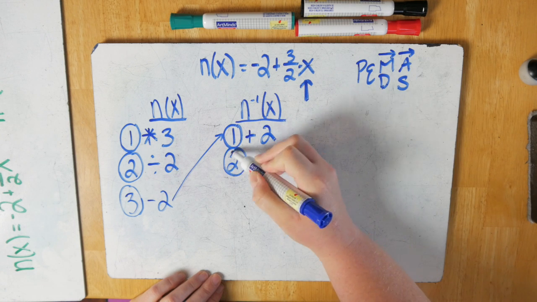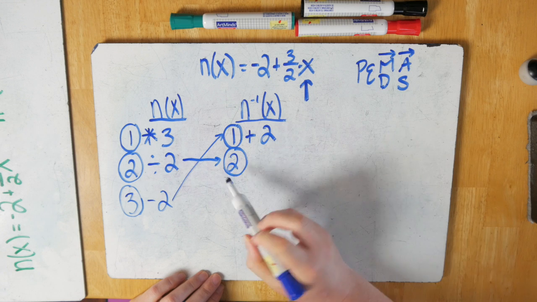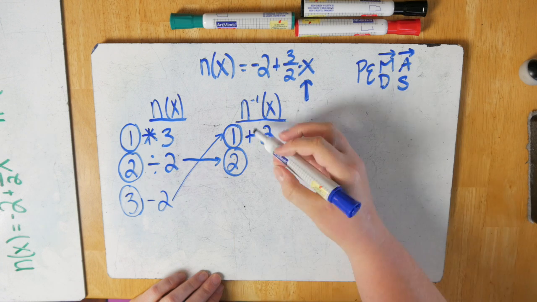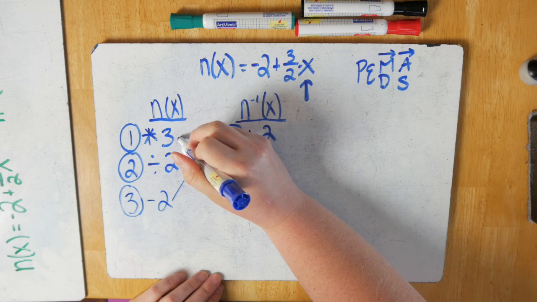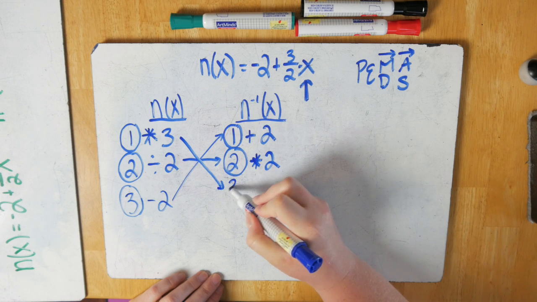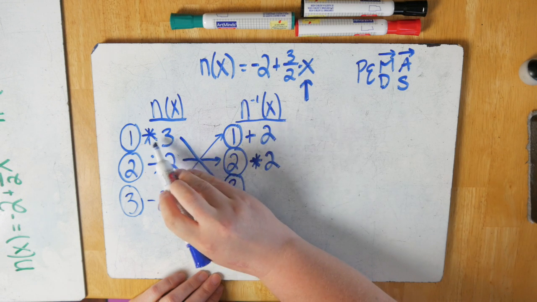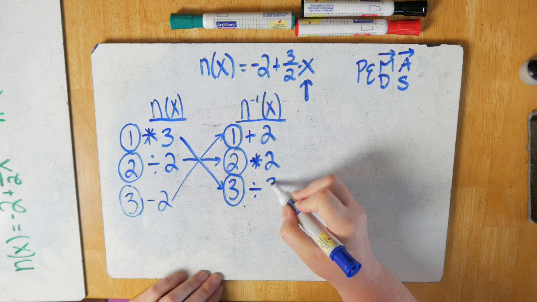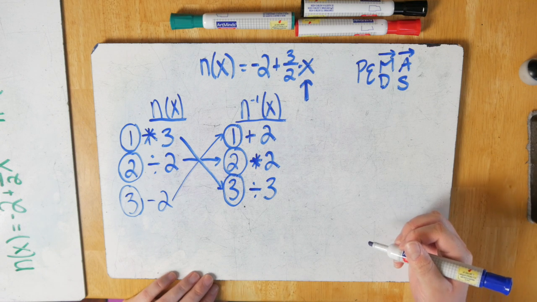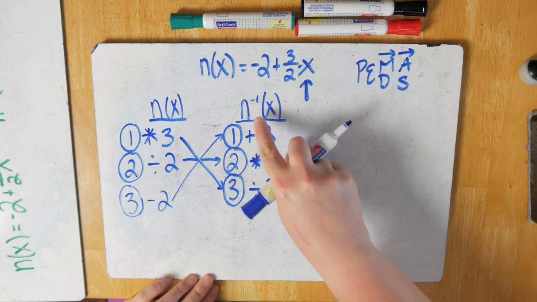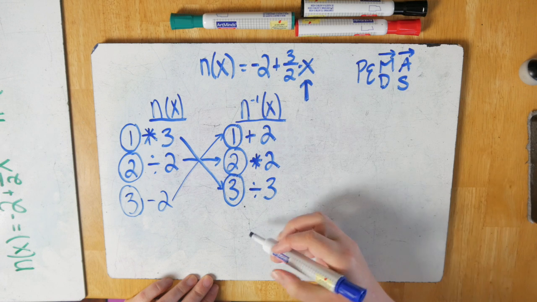The second thing we would need to do is, instead of dividing by 2, multiply by 2. And the third thing, instead of multiplying by 3, is divide by 3. And so with that, we're going to write the inverse of n of x.